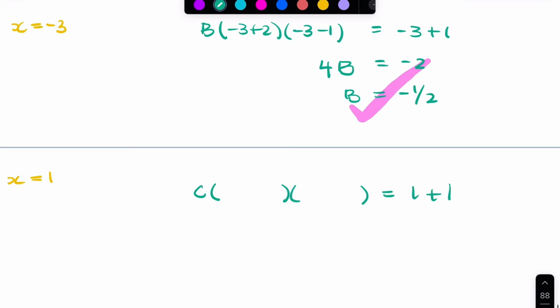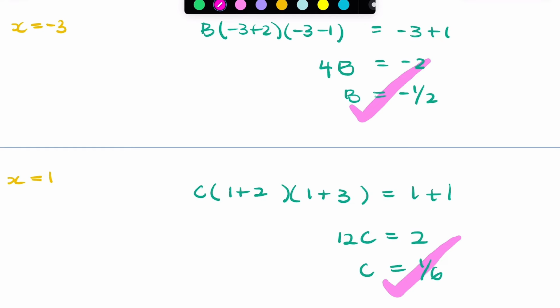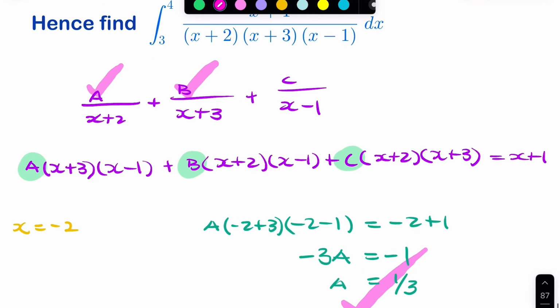So 1 plus 2, 1 plus 3. So 3 times 4 is 12, and that equals 2. So I have 12c equals 2, so c equals 1 over 6. So now I found my three constants, a, b, and c.